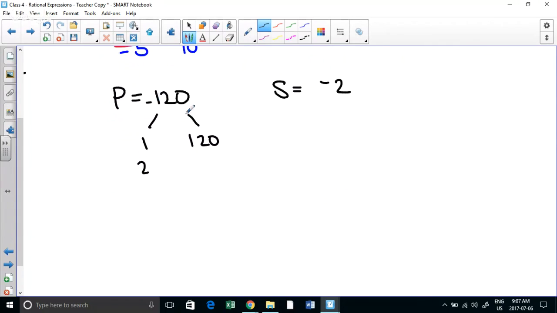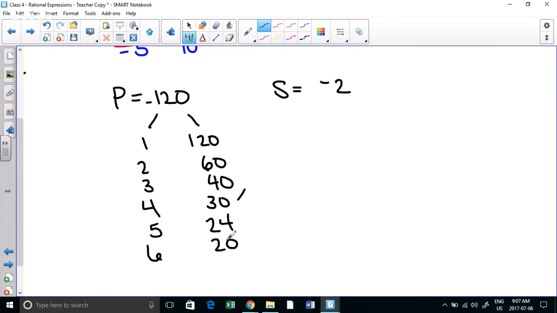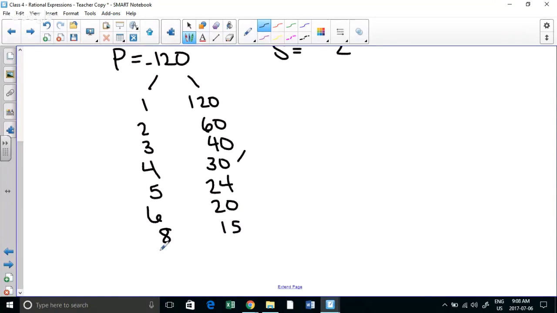I'm going to make this -120. 2 and 60, 3 and 40, 4 and 30, 5, and 12. These are all the factors of 120.